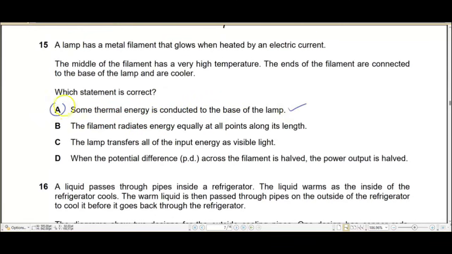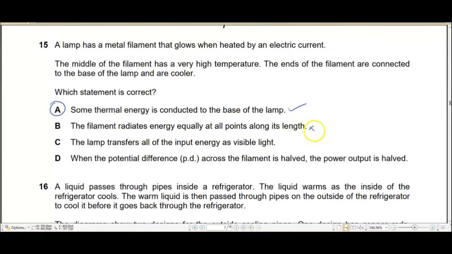And why are the other options not our answers? Let me tell you. Option B states that the filament radiates energy equally at all points along its length. They've already mentioned that the middle of the filament has a very high temperature and the ends of the filament are cooler. So this means that the filament isn't radiating energy equally at all points along its length.